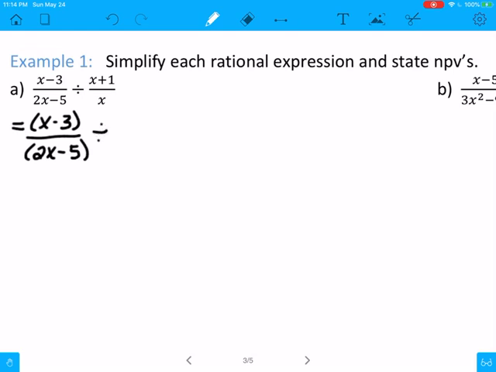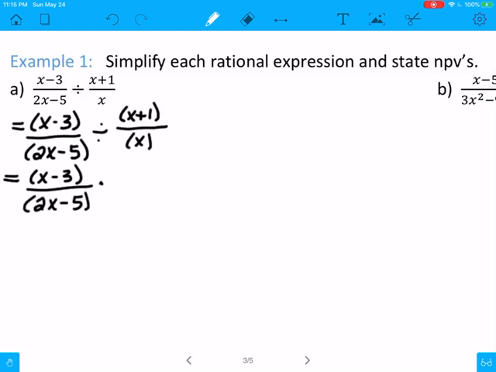Divided by the top right-hand numerator, x plus 1. Can't do anything to that, so it stays x plus 1. And then the bottom is just x, so it stays just x. So our next step is to flip the right-hand side, and it turns to a multiplication. This is the extra step for division. So I get x minus 3 over 2x minus 5, which stay the same.